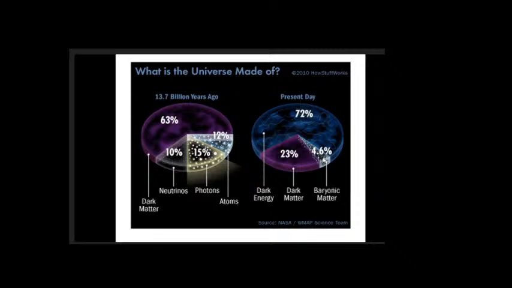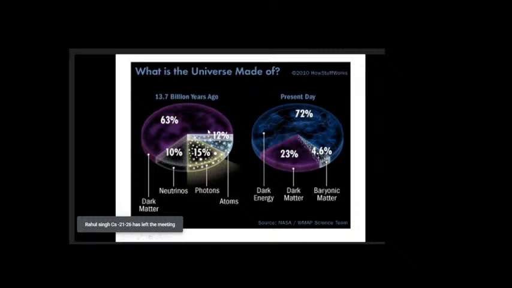But if you look at the past universe and calculate the same energy budget, you see that in the past universe there was no dark energy. Dark energy is actually dominant at present. There was nothing called dark energy in the past. So 63% in the past was dark matter, 10% was in the form of neutrinos, 15% was photons. As I said, the early universe was full of radiation, and radiation means photons.